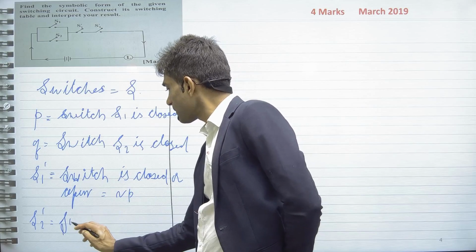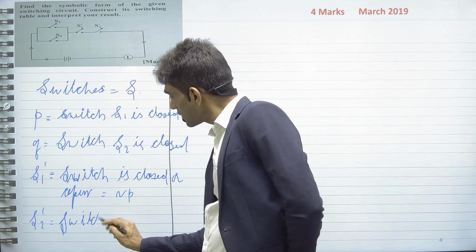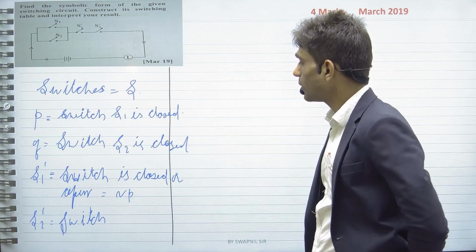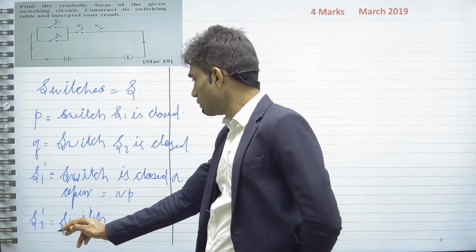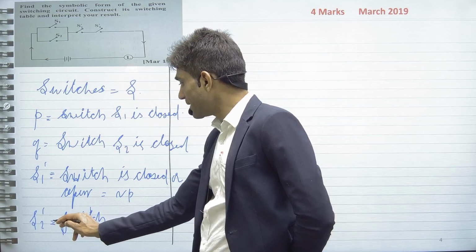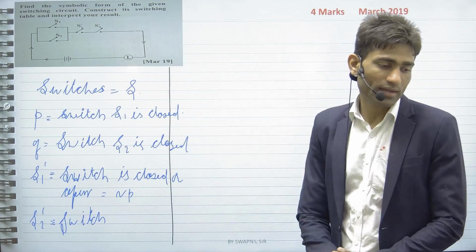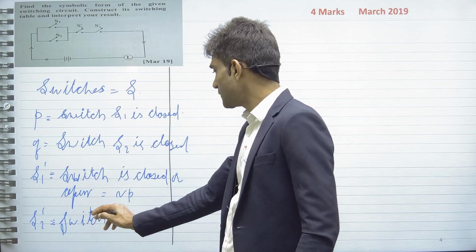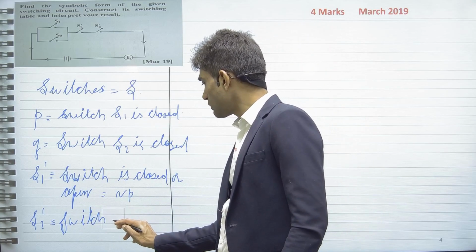You must write this explanatory part in your board exam. Don't forget to write this one, because this part carries 1 or 2 marks. So S2 dash represents the switch closed or open.